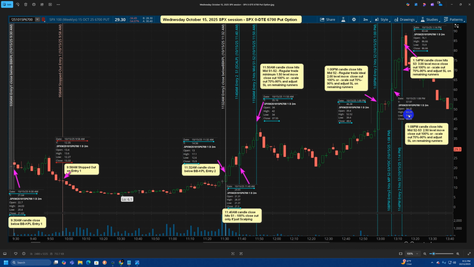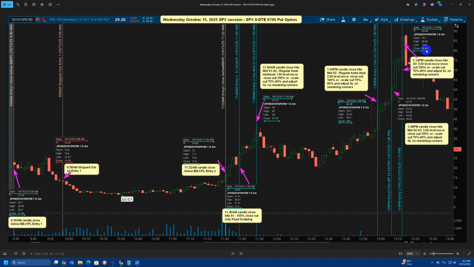So as you see here, this hit a high of 63.29. The close of this candle, $60.25. Here's the 1:14 p.m. candle where it hits S3. That's a full 3-level move. As you can see here, the high of this candle is also the close of this candle, 86.66.